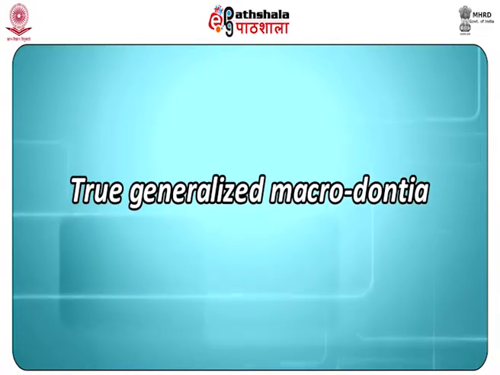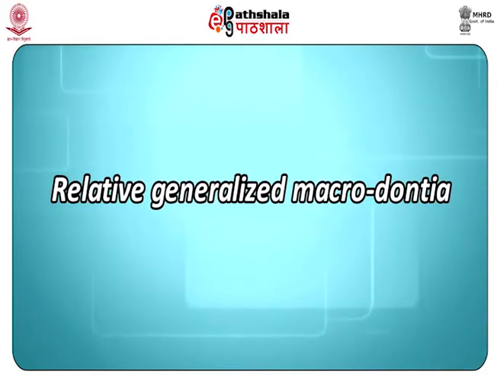Similar to microdontia, it can again be divided into two conditions: true generalized macrodontia and relative macrodontia. True generalized macrodontia is a condition where the jaw of the person is of normal size but all the teeth are abnormally large.